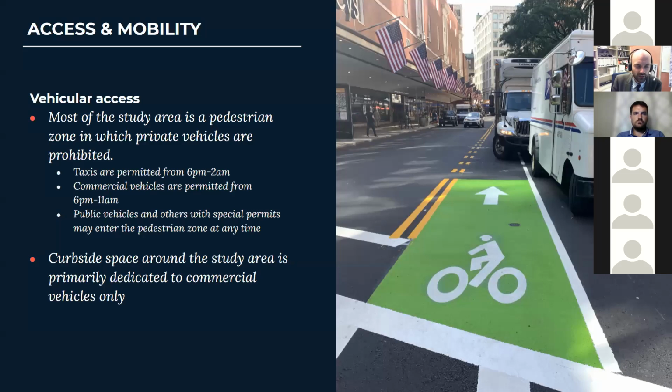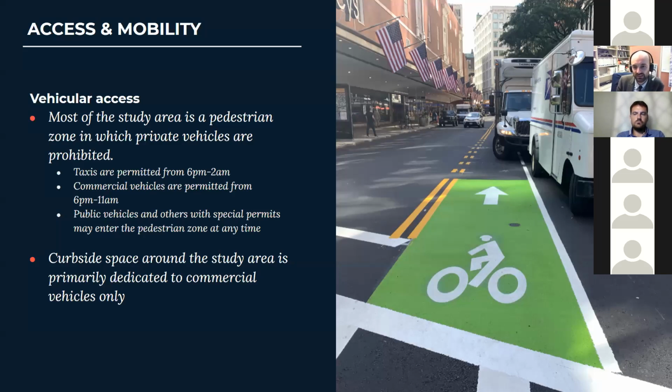In terms of vehicular access, most of the study area is a pedestrian zone and private vehicles are prohibited. That doesn't mean we don't occasionally get them in the zone. Certain vehicles are permitted during certain times of day. So taxis are permitted from 6 p.m. to 2 a.m., commercial vehicles from 6 p.m. to 11 a.m., and public vehicles and others with special permits can enter at any time.